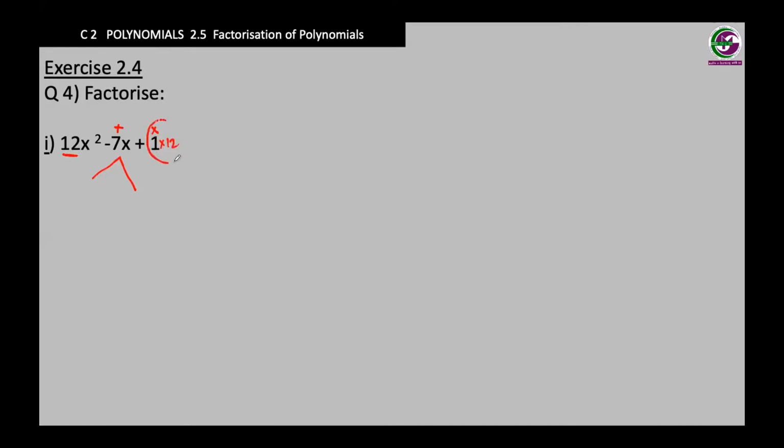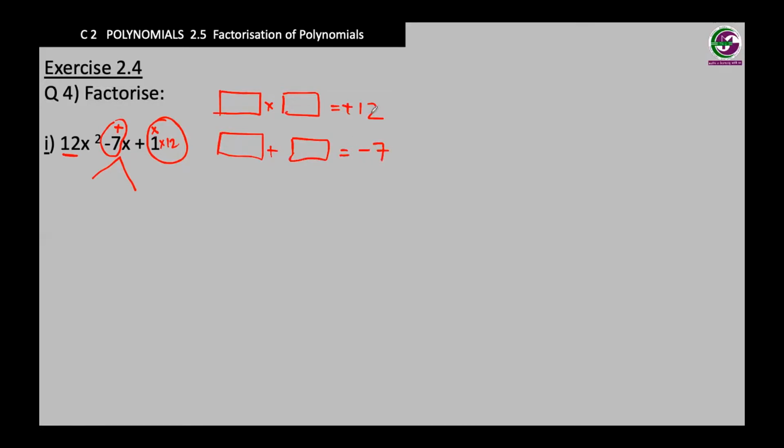Which two numbers will give you 12 on multiplication and which two numbers will give you negative 7 on addition? That's what we have to look for. Two numbers that give you positive 12 on multiplication and the same numbers on addition should give you negative 7.